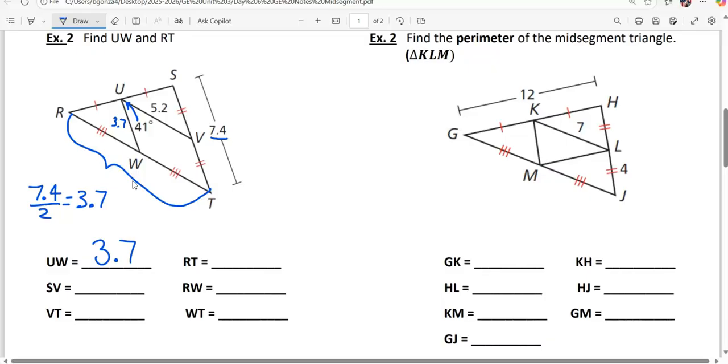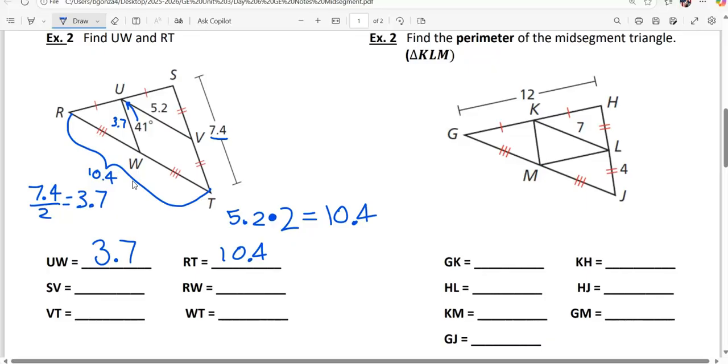But if you go from midsegment to the bigger side, you're getting bigger, so you multiply by 2. So this midsegment 5.2, to get the parallel side, I multiply times 2. 5.2 times 2 is 10.4, my friends. So RT is 10.4.